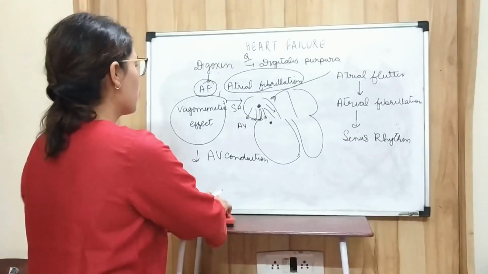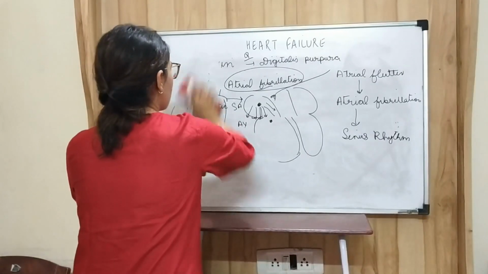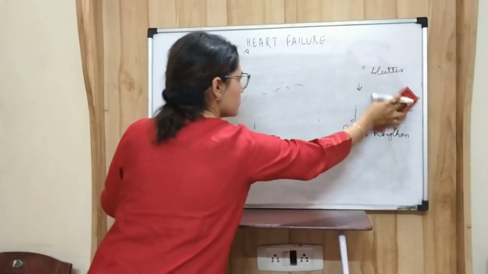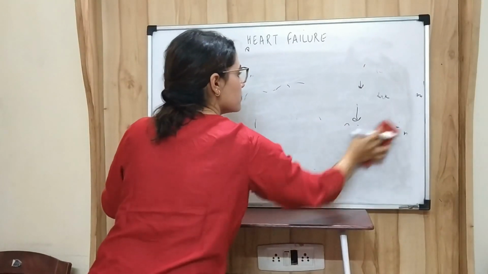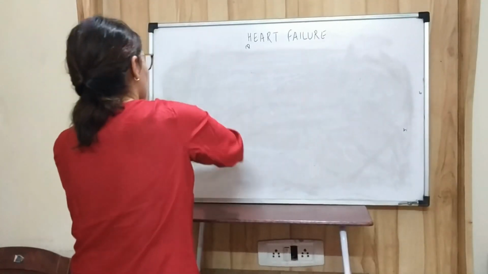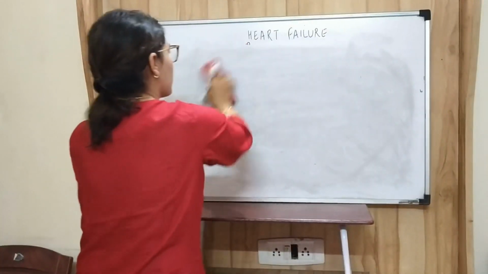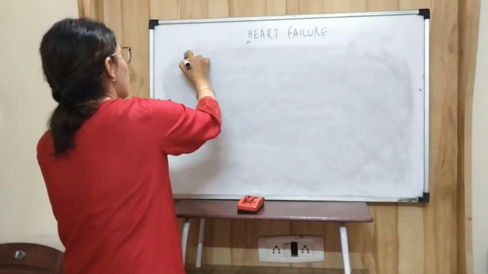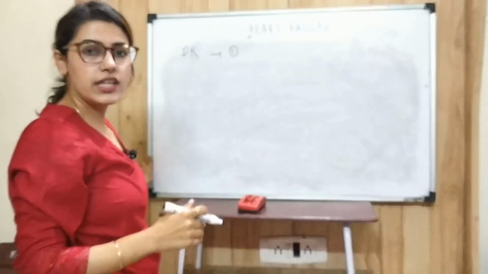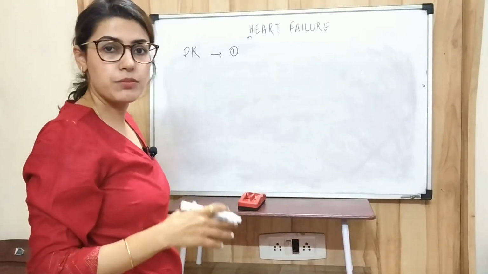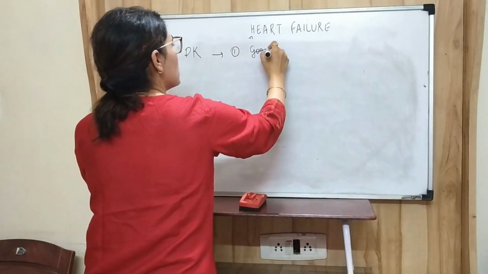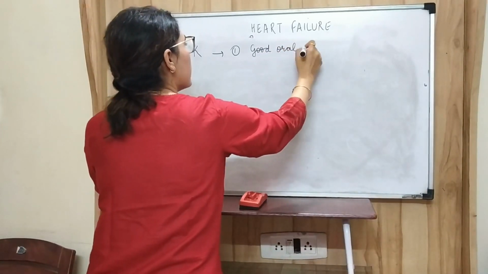Now we will discuss the pharmacokinetics of digoxin. Under pharmacokinetics, the first point is that it is the only inotropic drug which can be given orally. That means it has good oral absorption.